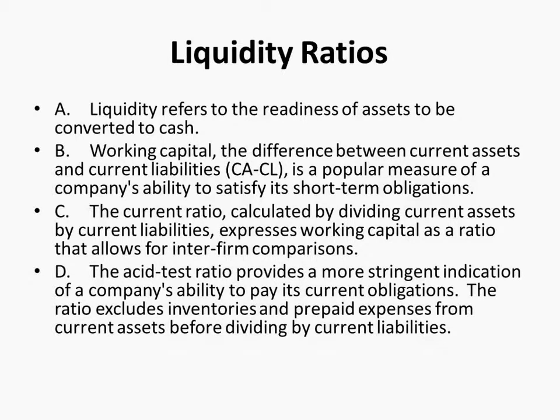So the acid test ratio is a little more stringent. Are inventories and prepaids necessarily going to help you pay your bills really fast, even though they're current? So the acid test ratio is actually even a little bit more of a stringent measurement because it removes certain items like inventories and prepaid expenses from current assets before calculating your ratio.